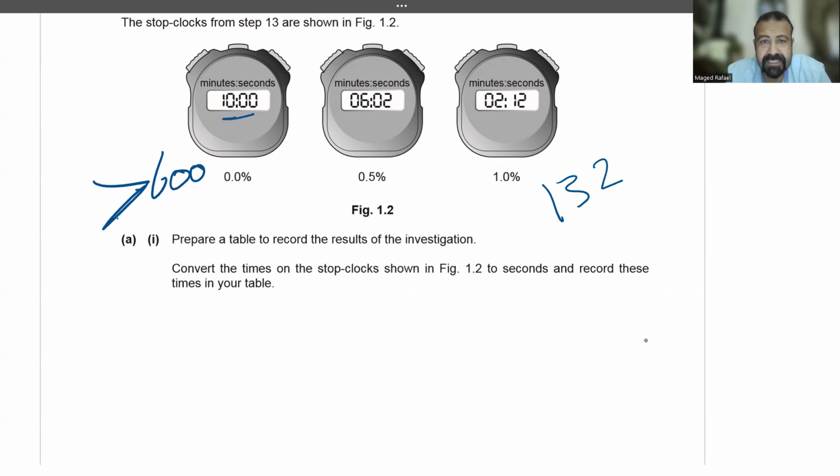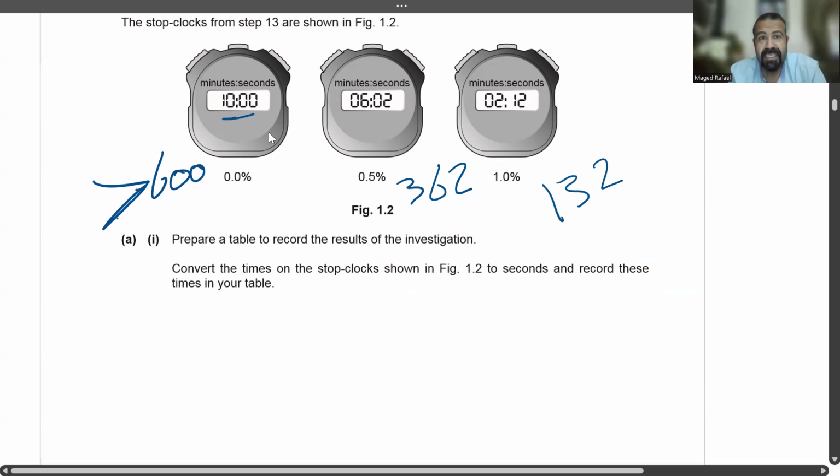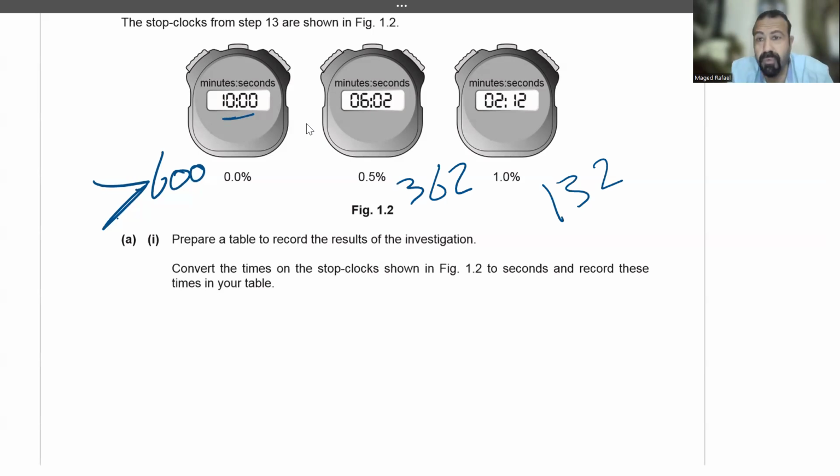For the 6 and 2 minutes, 6 times 60, 360, so this is 362. This is the time in seconds here. And about 10 times 60, it could be more than 600.